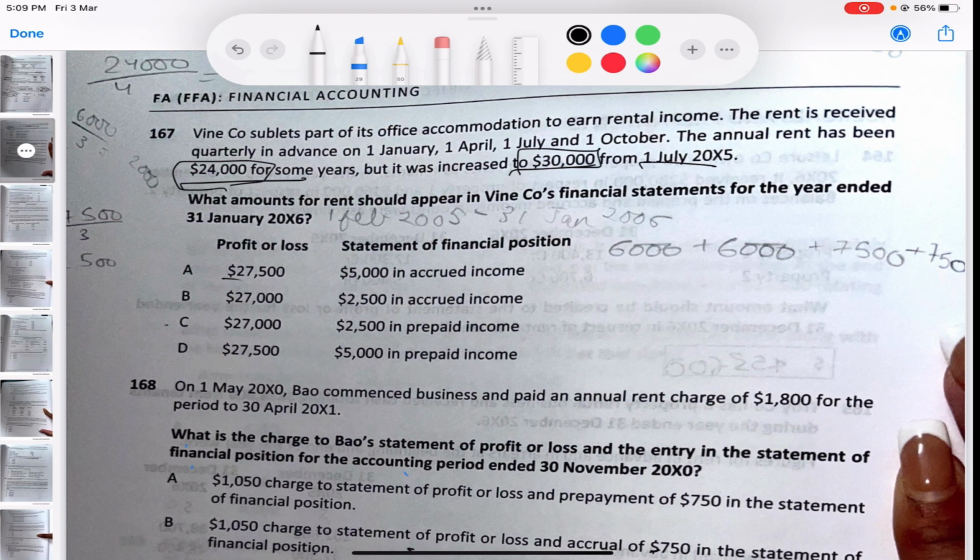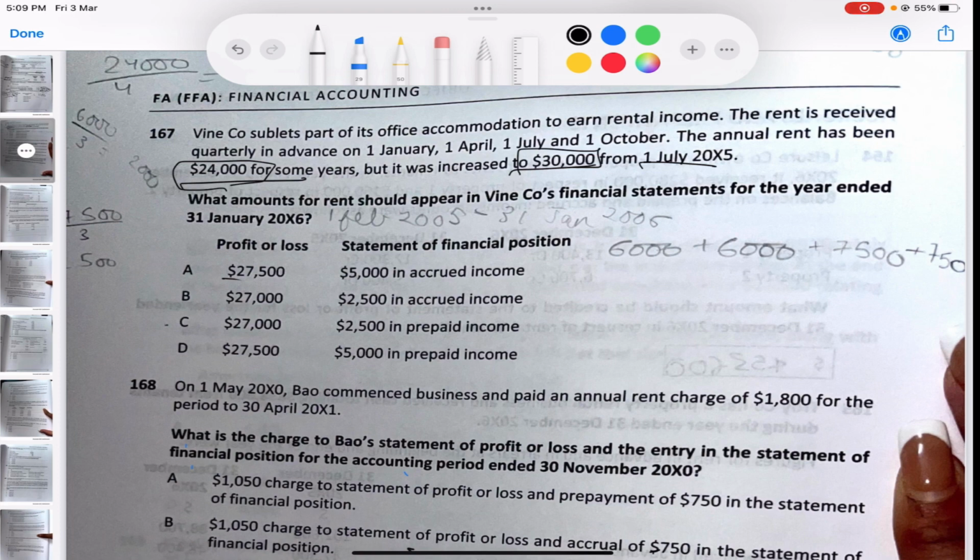I hope you are able to understand what I'm trying to say. Again, let's count the months again. January, February, March, April, May and June. The entire June as well, right? So how are we going to go about it?